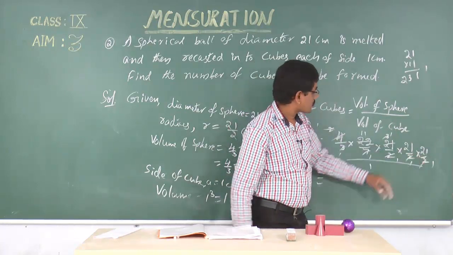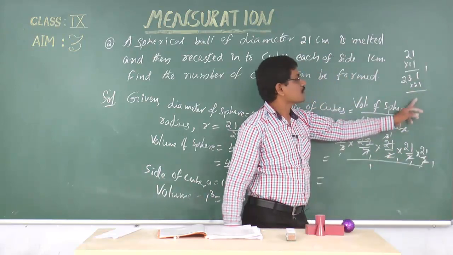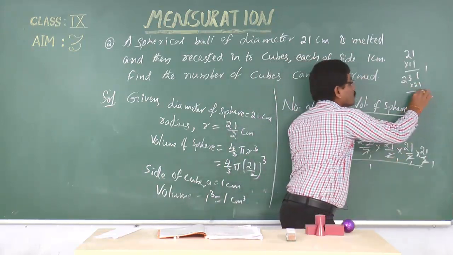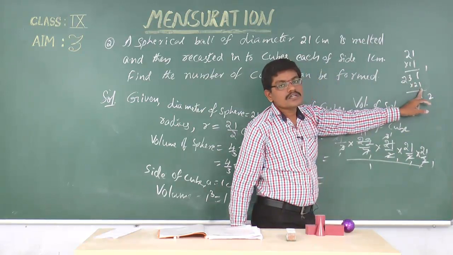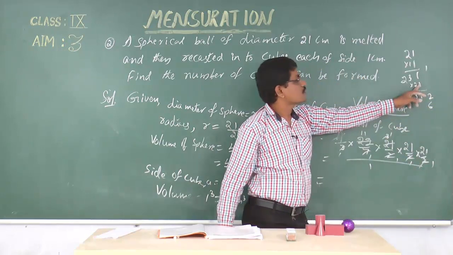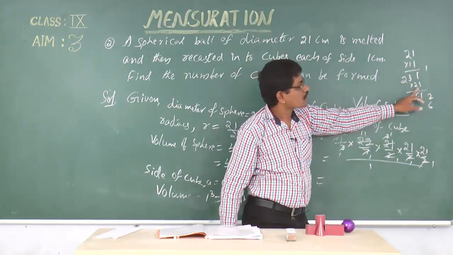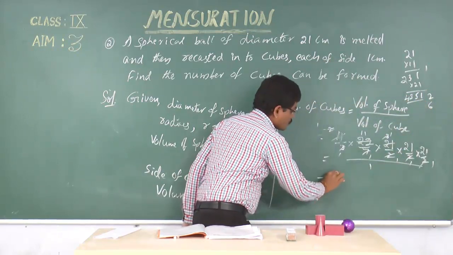And again there is another 21 into 21. 21 ones are 21. Next 21 threes are 63 and 2, 65. Next 21 twos are 42 and 6, 48.